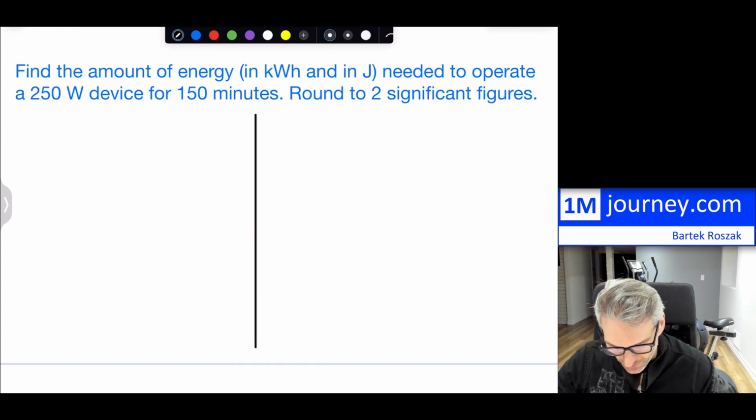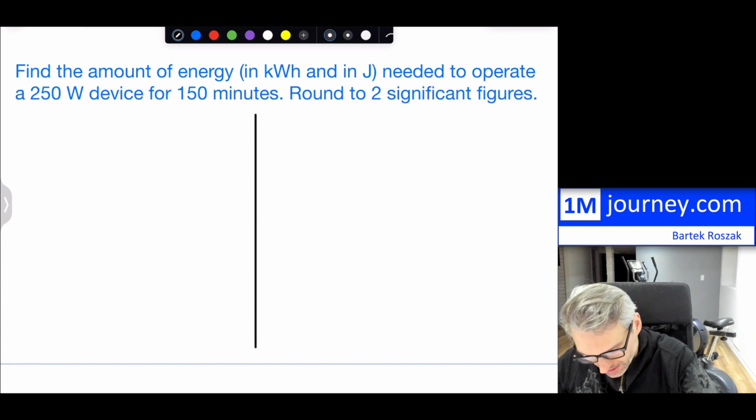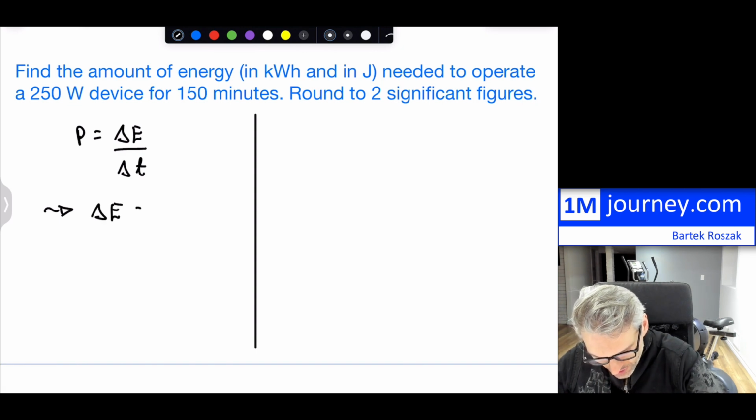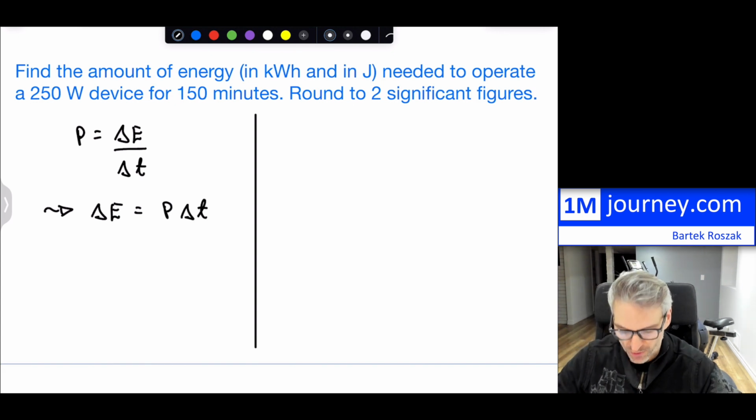So first of all, if we want to know what the total energy is, power is equal to the change in energy, or the amount of work done over time, which implies to us that the energy needed is power simply multiplied by the change in time. So that's what we're going to be using for this. Now you can do it simultaneously.